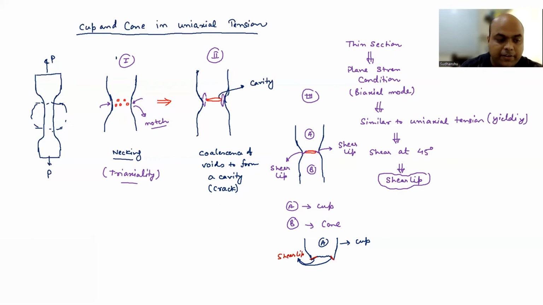Okay, and if I draw B, so B is going to be like this. Then you are going to have shear lip and then fibrous zone like this. Okay. So shear lip.